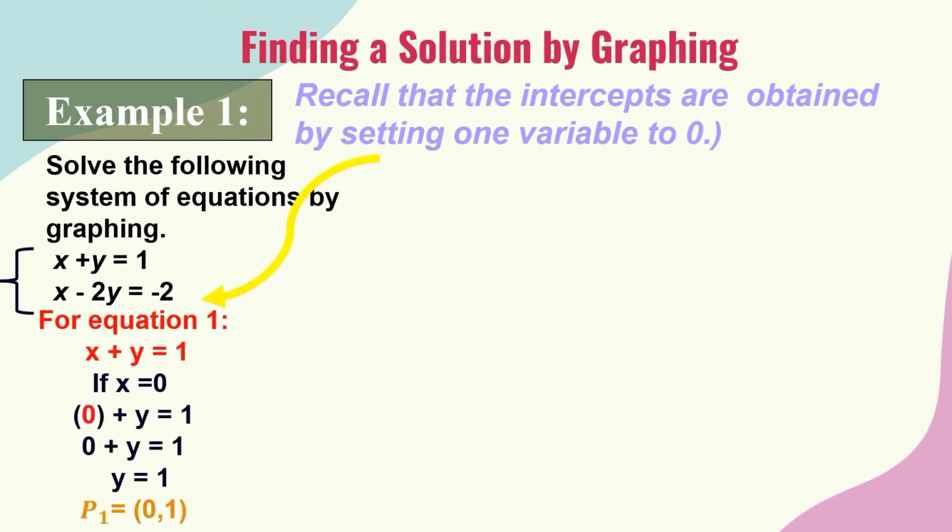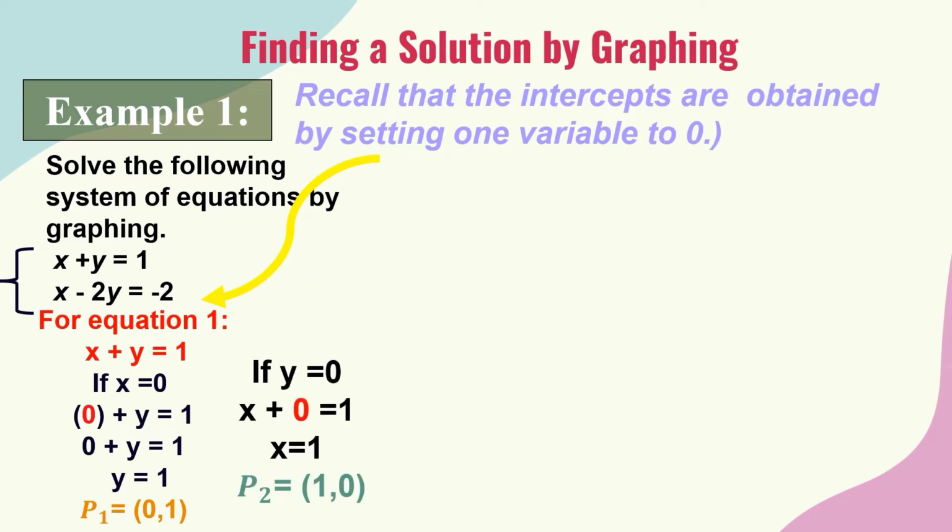For equation 1, we have x plus y is equal to 1. If x is 0, by substitution, 0 plus y equals 1, and simplifying further, y is equal to 1. Therefore, our first point for the first equation is (0, 1).